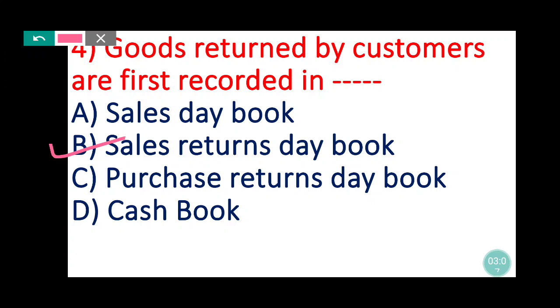When we sell goods on credit, we record in sales day book. When we purchase goods and return them, we record in purchase return. Cash transactions we record in cash book. So when goods are returned by customers, it is sales return, recorded in sales return day book.